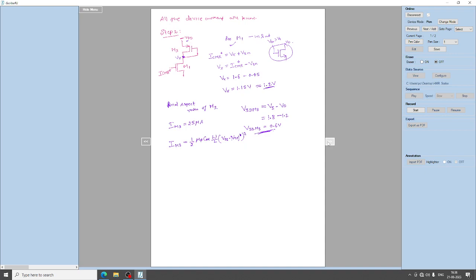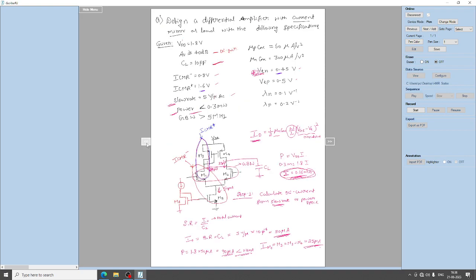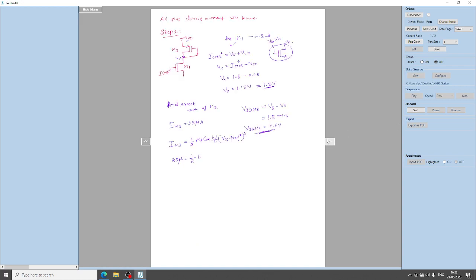Here the current IM3 is 25 microamps, and mu p COX I will take as 60 microamps per volt square, and W by L of M3 is what we are calculating.